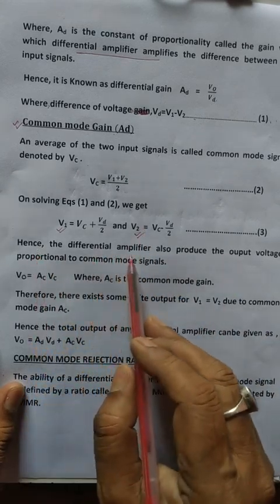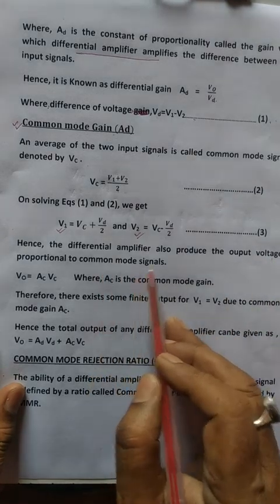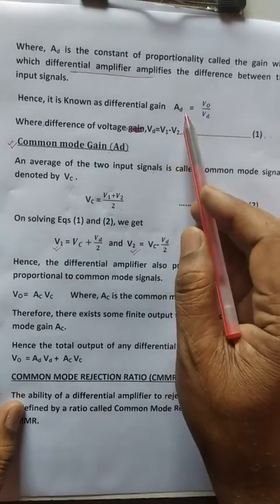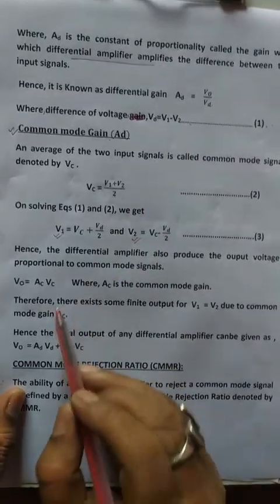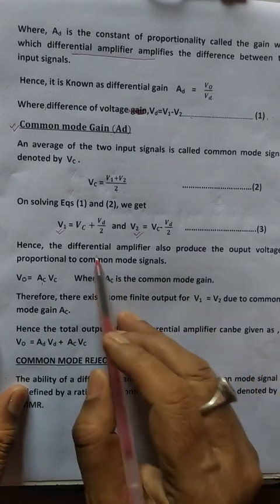Hence, the differential amplifier also produces an output voltage proportional to the common mode signal. Earlier you have seen that this is the differential gain. Here it is AC, AC is the common mode gain.